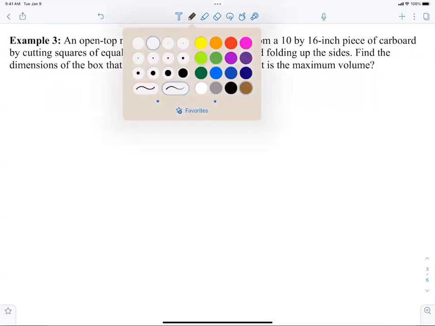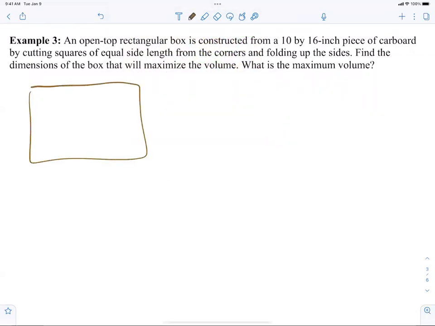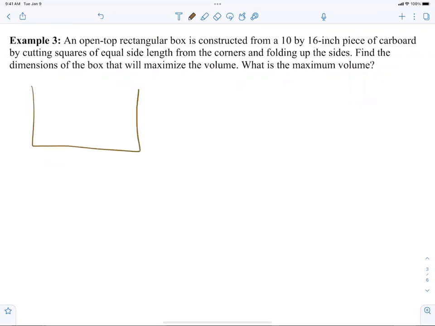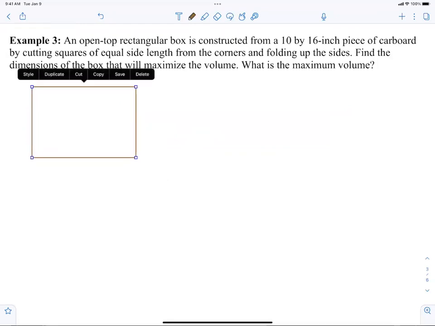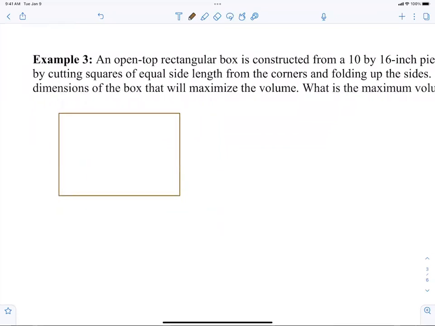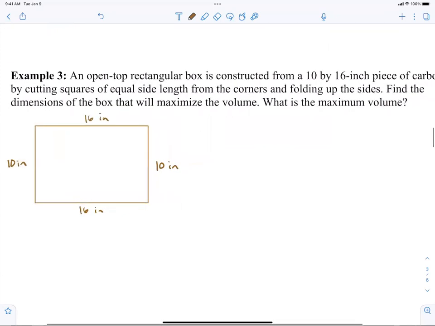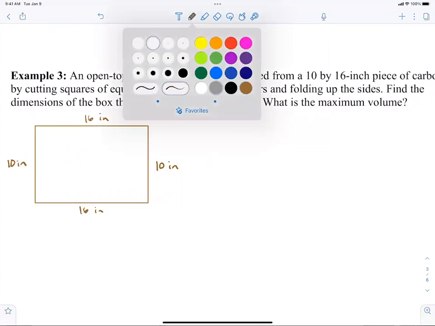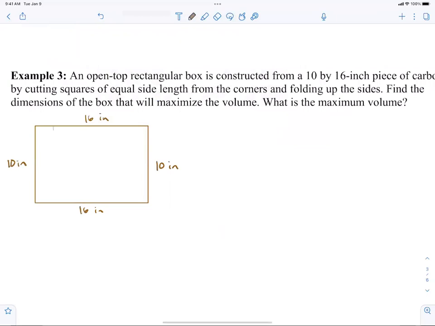Let me draw that. 16 inches, 16 inches, 10 inches, 10 inches. Okay, so an open top rectangular box is created from cutting out squares from each corner that are all the same size.